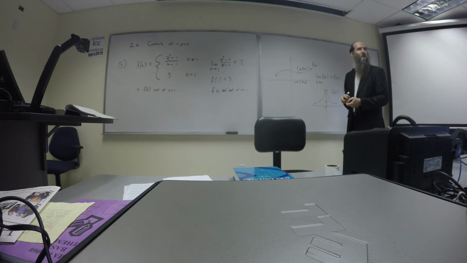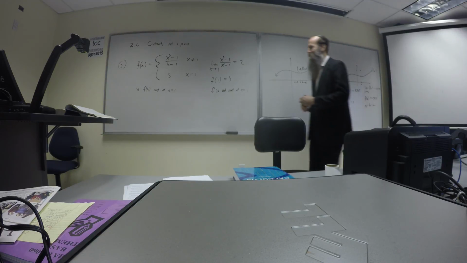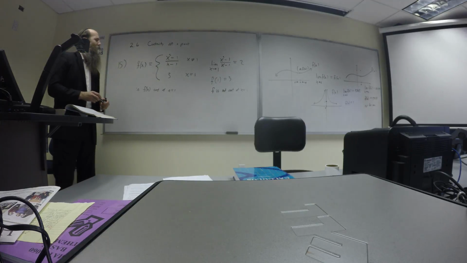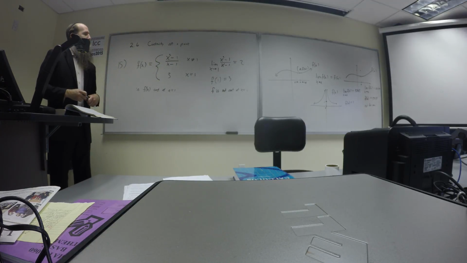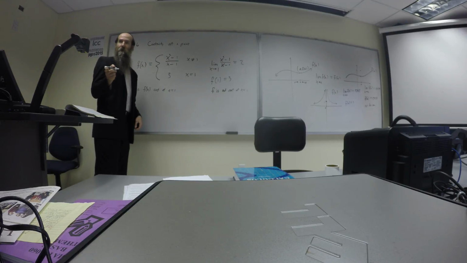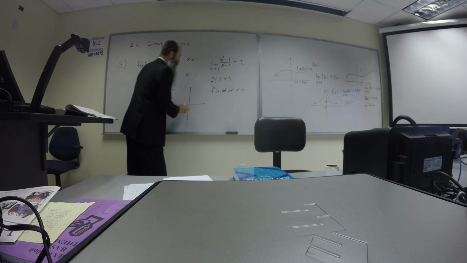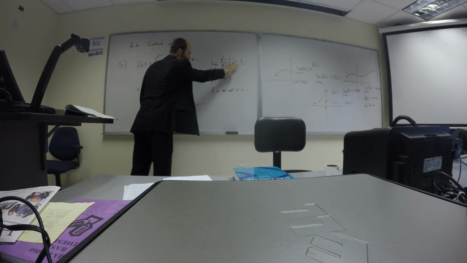Okay so far? Who can tell me what the picture looks like? Looks like a line with a... Where's the hole? At 1. Yep. What's the height of the hole? 2.